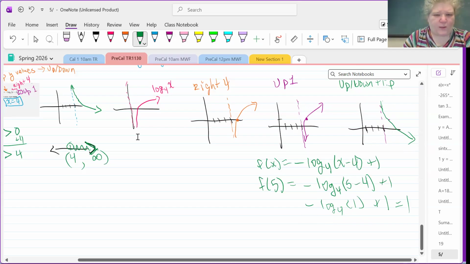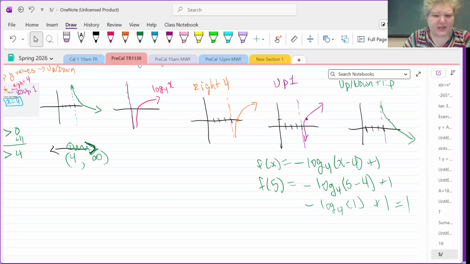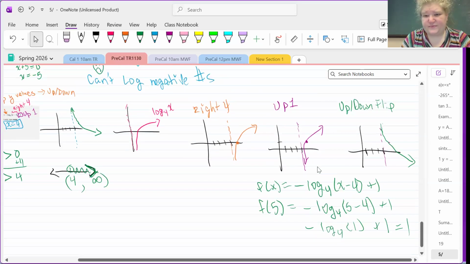Now, I don't think WebWork actually makes you choose between those two, but maybe. Oh, no, it does. So yeah, it would be the C graph instead of the D graph. I picked 5 because 5 is 1 unit to the right of the asymptote, and I knew the 5, 1 unit to the right of the asymptote inside the logarithm, works out to be an integer.